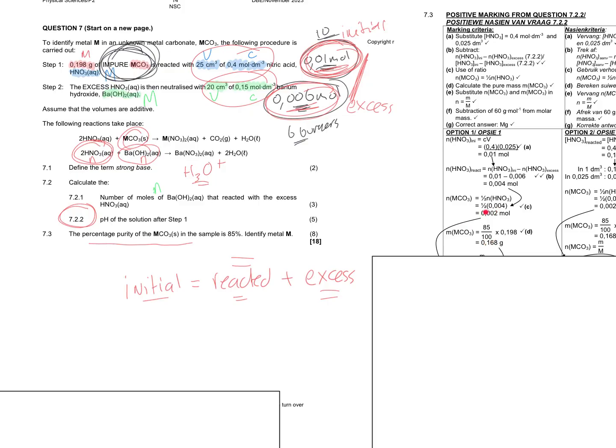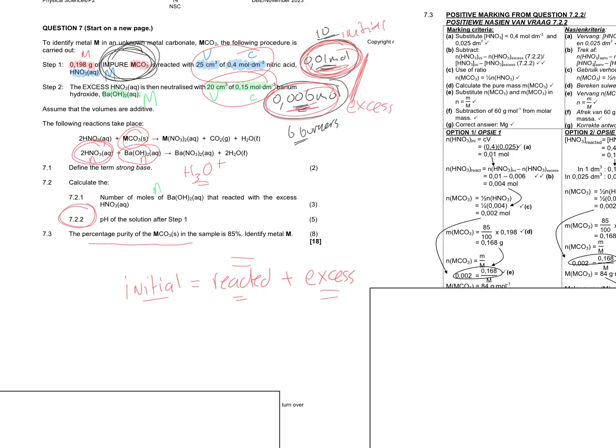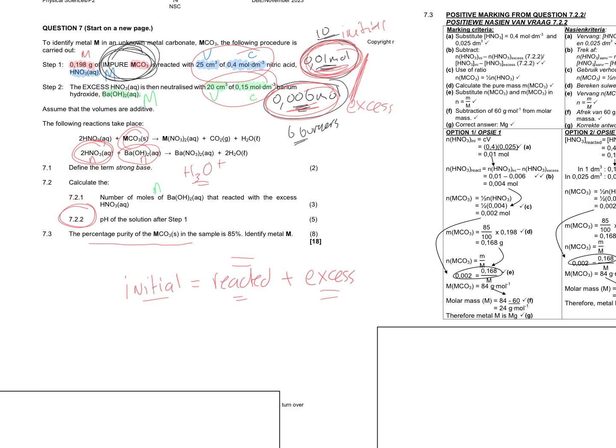We have the number of moles of MCO3, we have the mass of MCO3, we can work out the molar mass of MCO3. The molar mass of MCO3 is 84. We sub in the number of moles and we sub in the mass to get the molar mass.